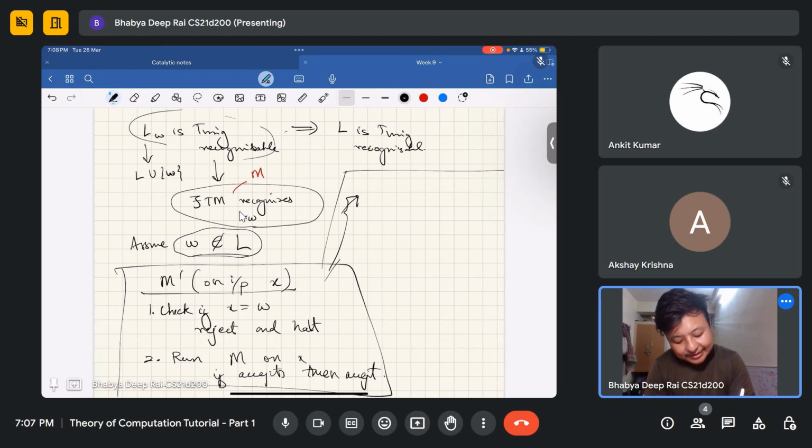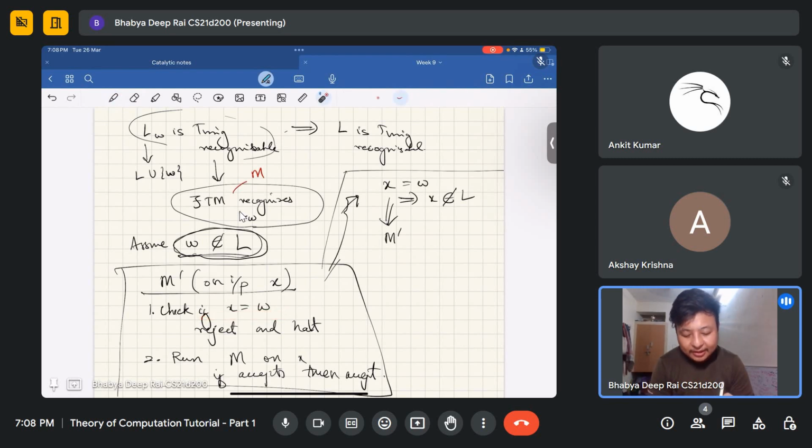Let's say the input X is equal to W. This means that X is not in L, because W is not in L. Next, if X is equal to W, then M prime will do this check, and when it does this check, it will say reject and halt.